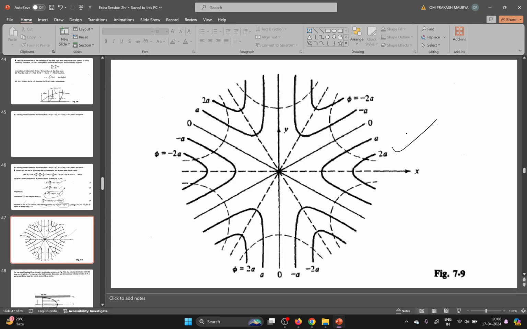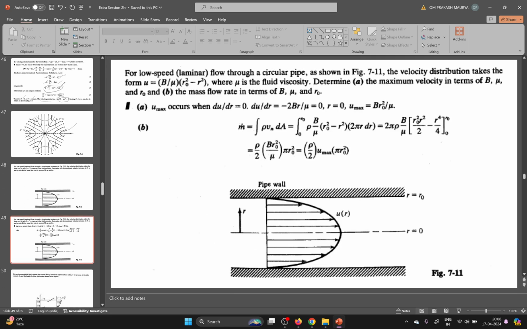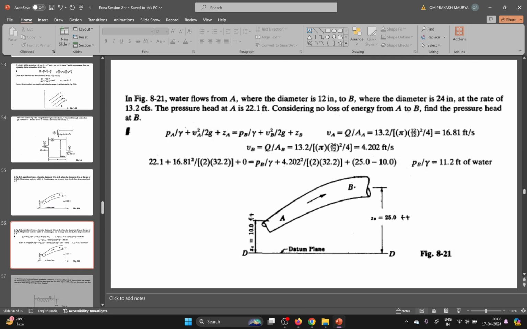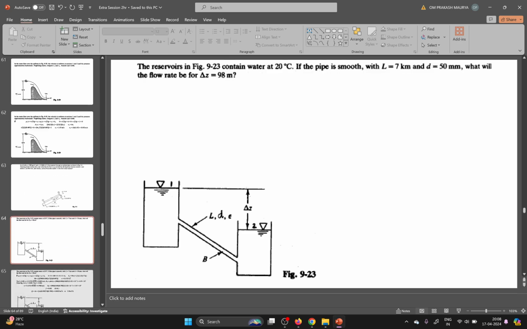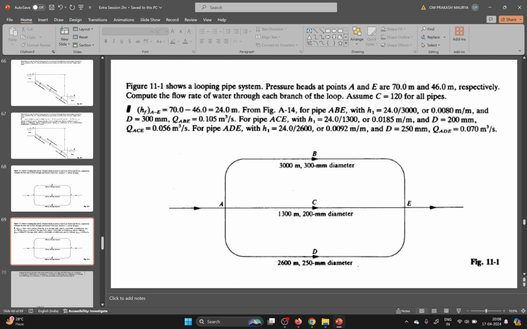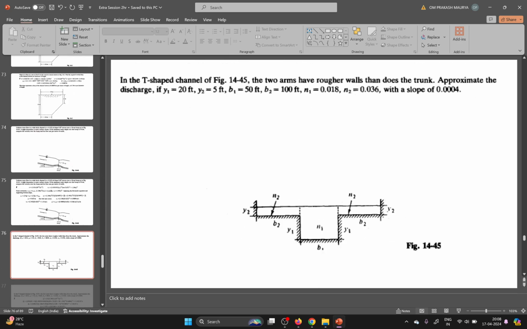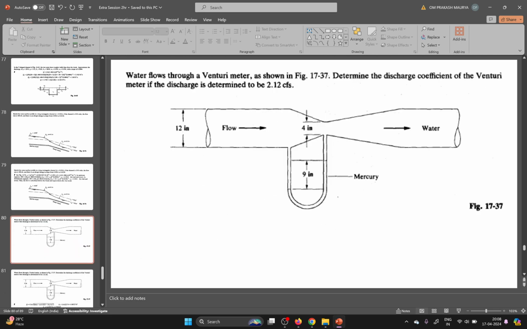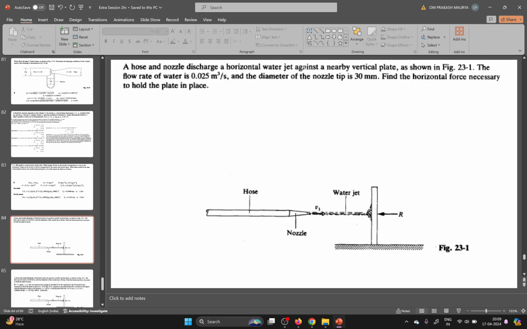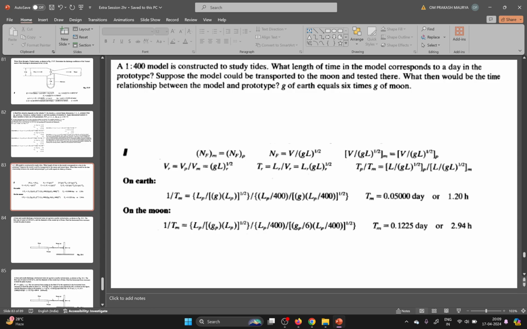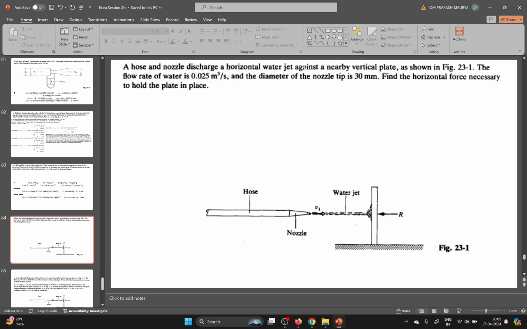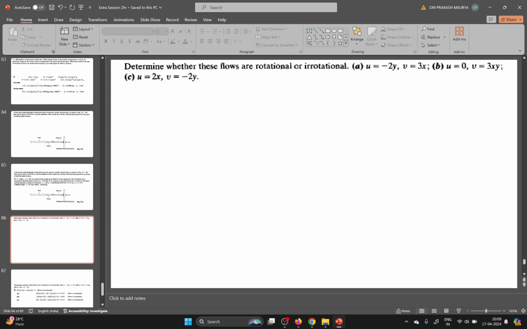Please go through each question one by one, and you will definitely get the answers. I have lots of questions today, but due to the time constraint I cannot explain all of them in class. I have lots of questions from pipe flow, parallel pipe flow, open channel flow, venturi meter, dimensional analysis and the jet.